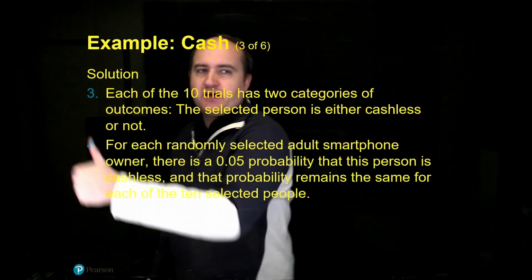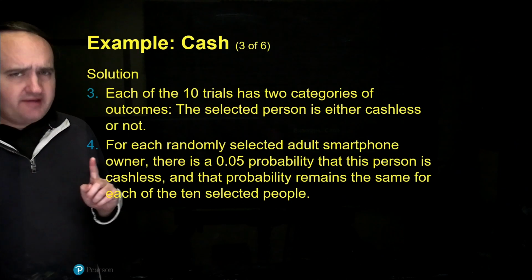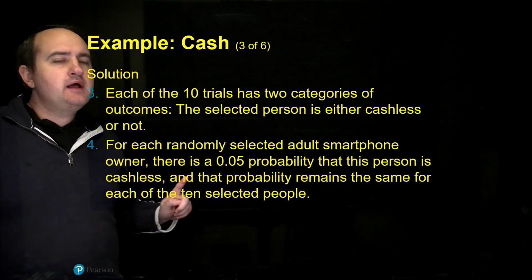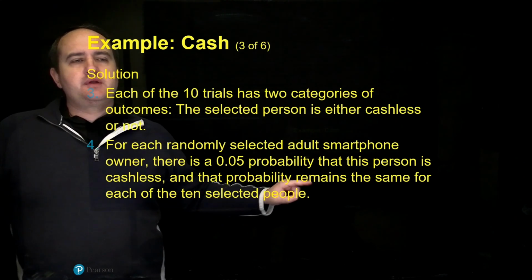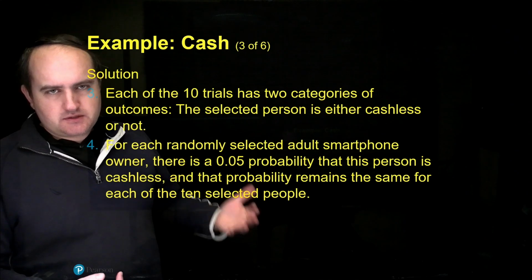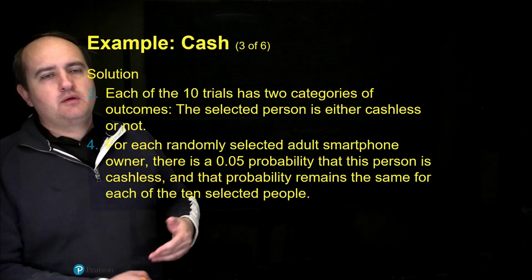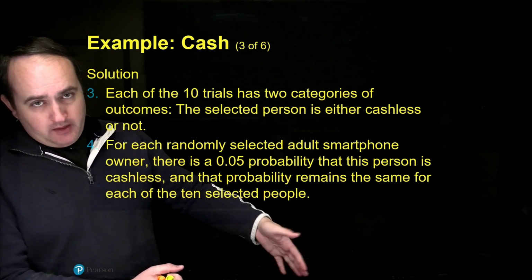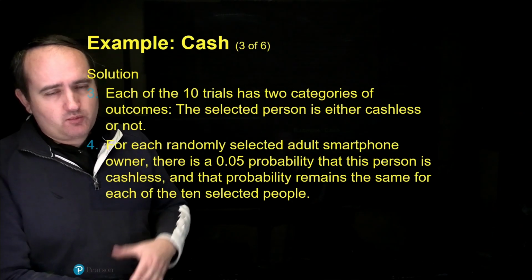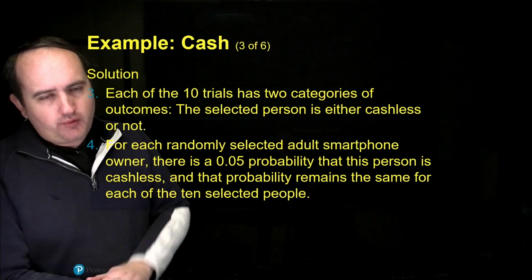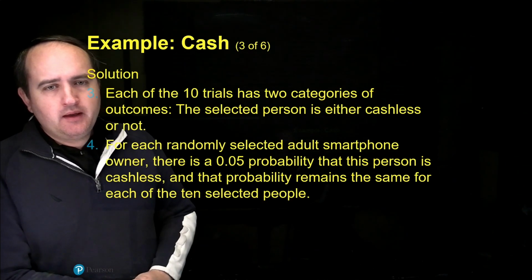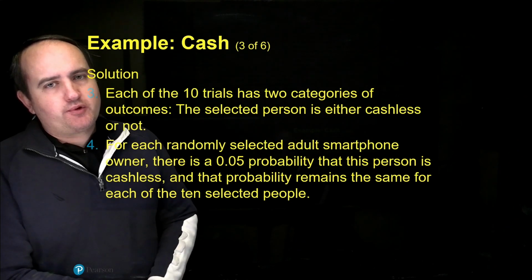So that's satisfied. And then the last condition, for each randomly selected adult smartphone owner, there is a 5% probability that this person is cashless. And the thing is, because we're gathering each person from the same group, and we're also putting the person back into the pool, the probability remains the same for each of the 10 selected people.